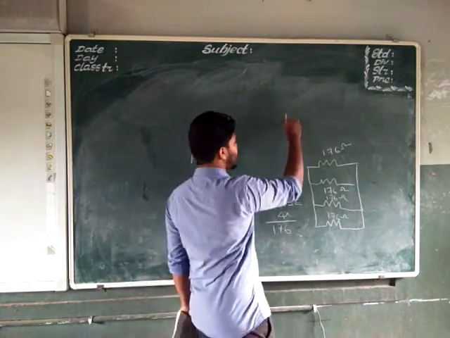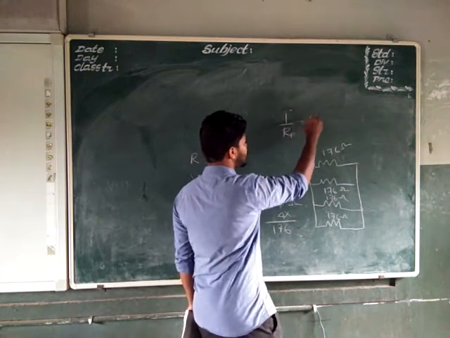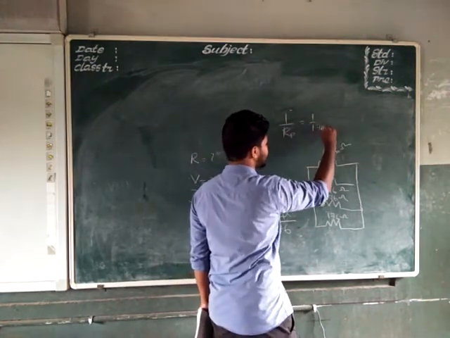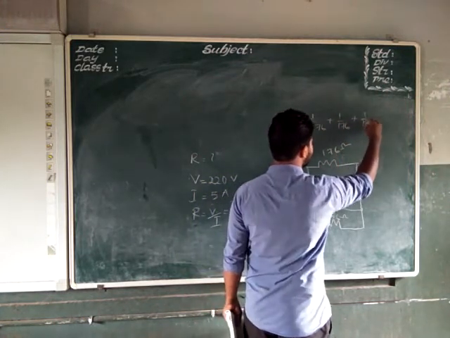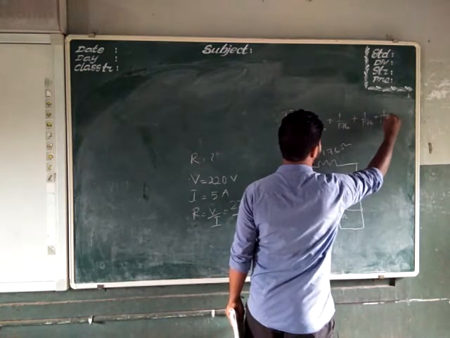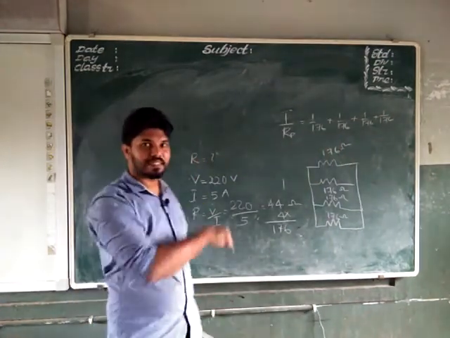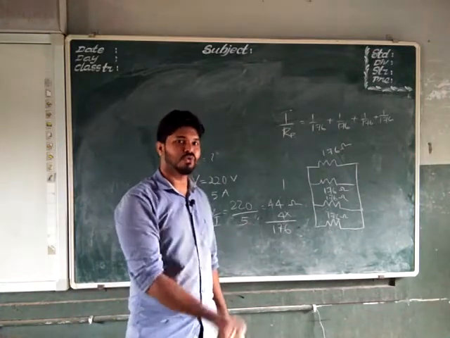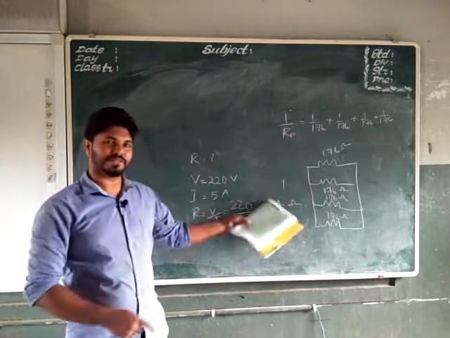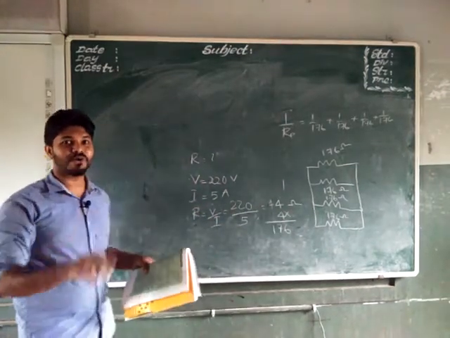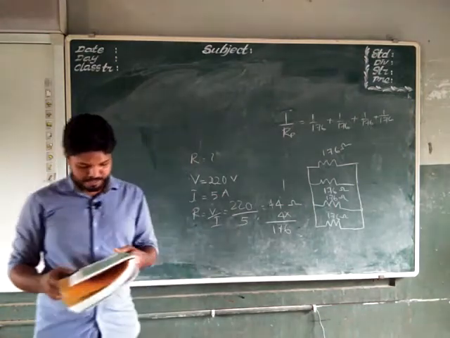How can you check it? 1 by Rp is equal to 1 by 176 plus 1 by 176 plus 1 by 176 plus 1 by 176. Now you have to calculate it. You will get 4 by 176. Taking the reciprocal, Rp is equal to 176 by 4, the answer will be 44 ohm. So we need 4 resistors of 176 ohm connected in parallel. So that is the answer.